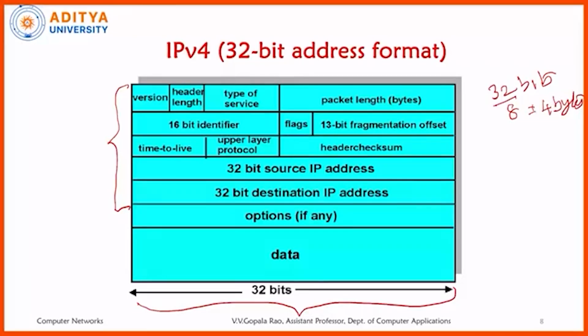That means every row is indicating 4 bytes of information. There are 5 rows in total, so 4 bytes into 5 rows is equal to 20 bytes.